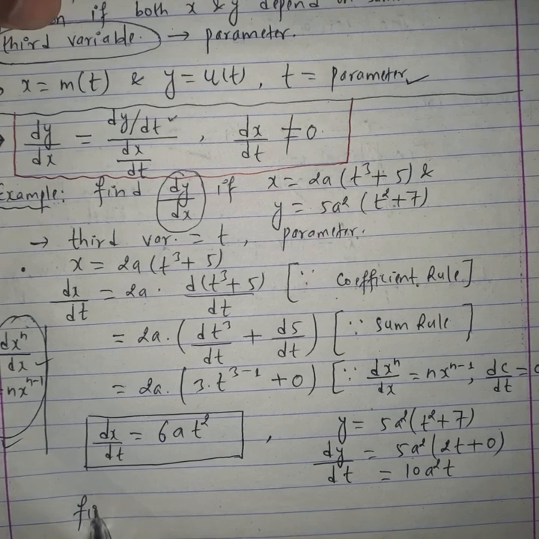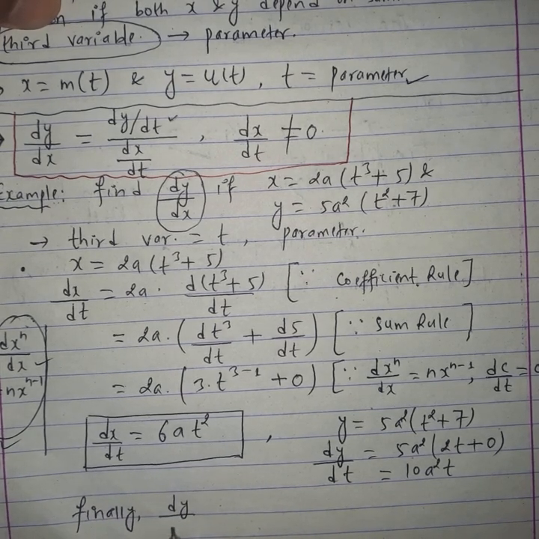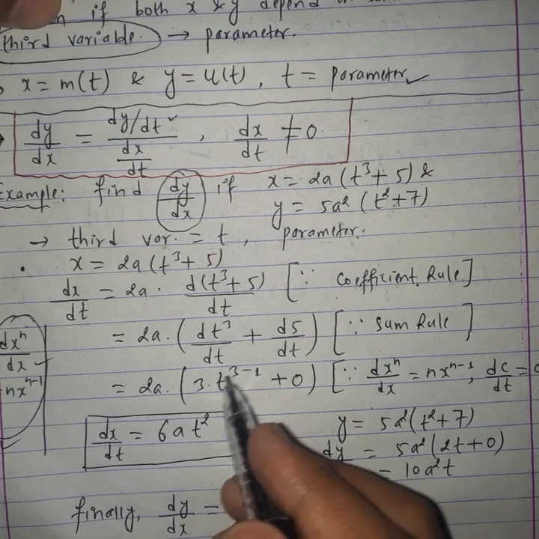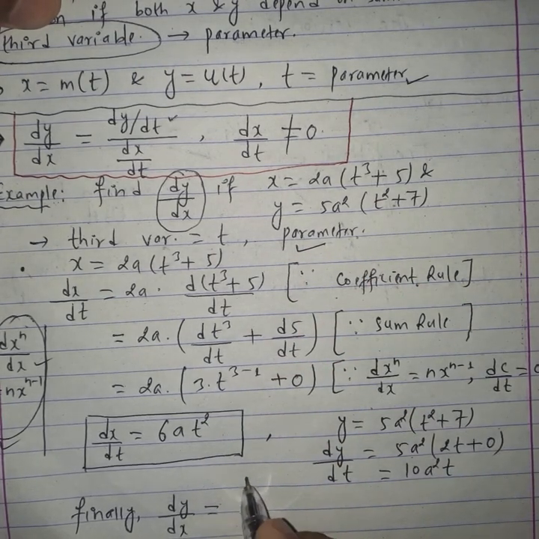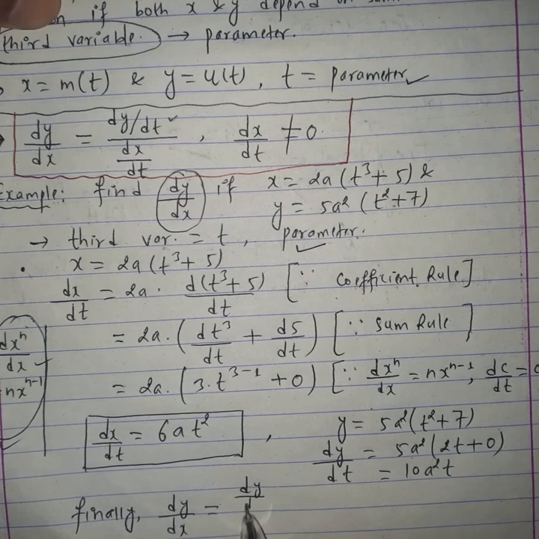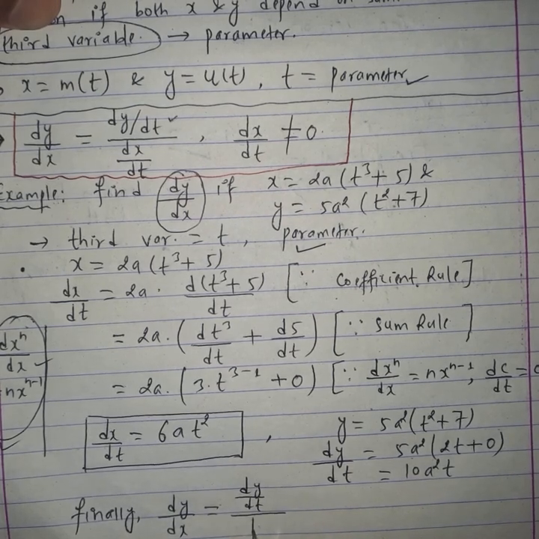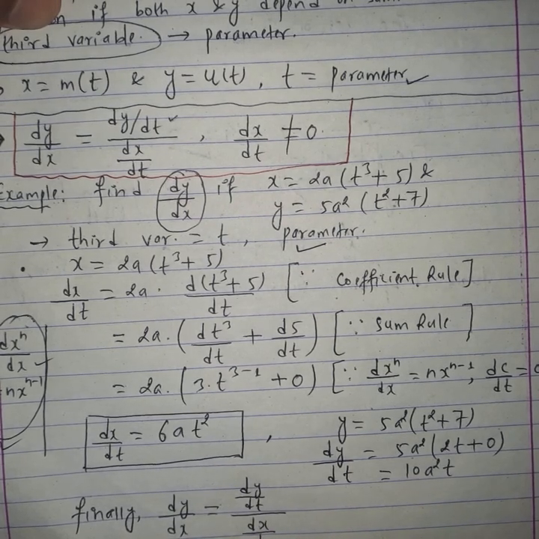Finally, dy over dx, the derivative of y with respect to x, can be expressed in terms of the parameter t as dy over dt all over dx over dt.